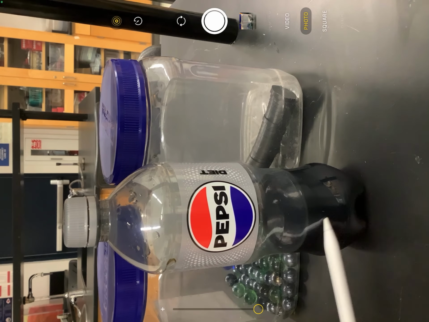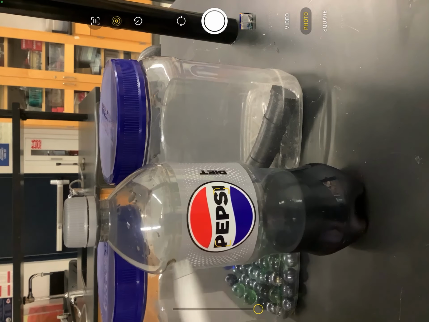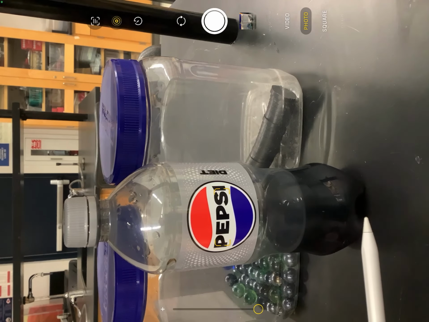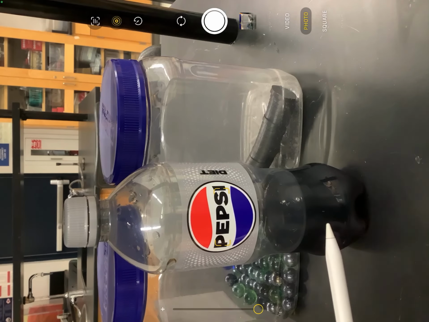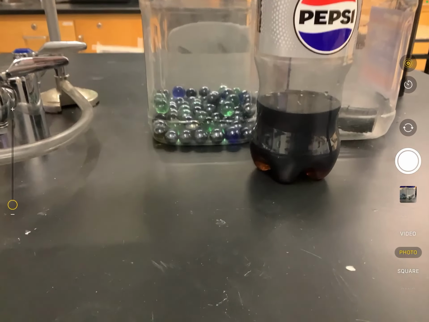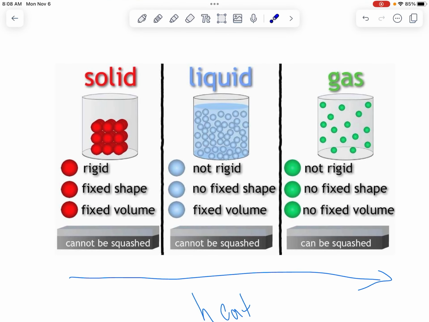So they have medium intermolecular forces. You can tell just by looking at something if it has a lot of intermolecular forces or not, right? Anything that's solid has high intermolecular forces, gases are low, and liquids are in the middle. And that's the basic fundamental idea of intermolecular forces. If you understand all that, you are good to go.